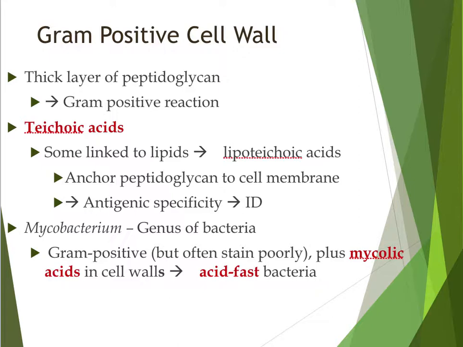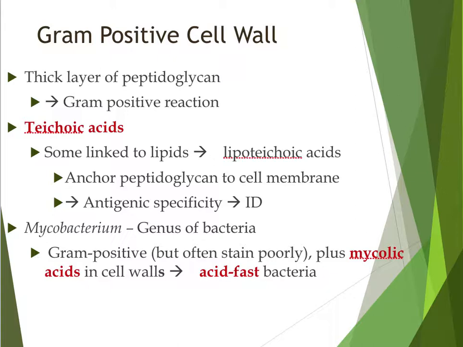So if we take a look at the gram-positive cell wall, organisms that are termed gram-positive make a very thick layer of peptidoglycan. That's actually what causes them to give the reaction that we term gram-positive. Within that peptidoglycan, they also incorporate teichoic acids.